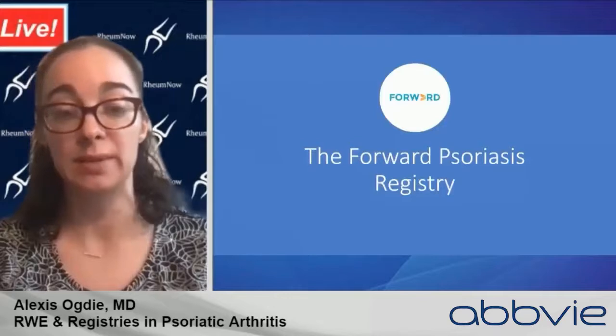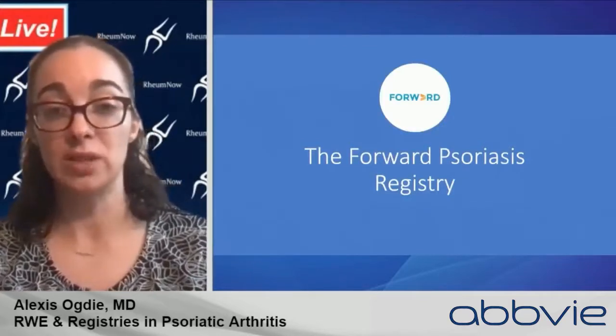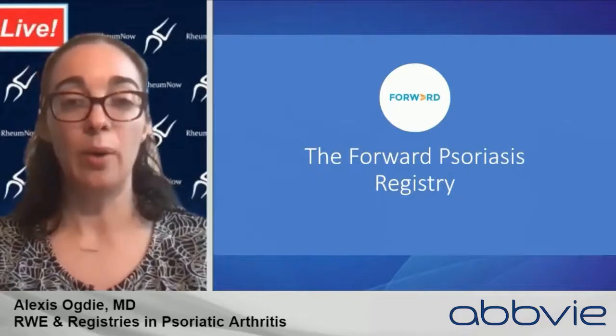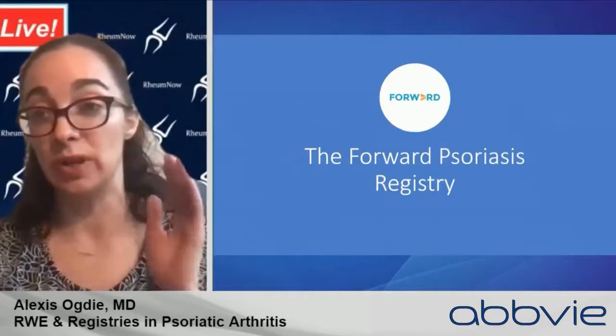We have another new registry we're launching to get the patient voice into care and what's going on in patients' lives around the time that they're switching or starting therapy, and what's happening over time as they may develop psoriatic arthritis or other comorbidities. This is the Forward Psoriasis Registry. This is going to get up and rolling in the next year or so. We're enrolling patients with psoriasis and then doing a direct-to-patient approach.